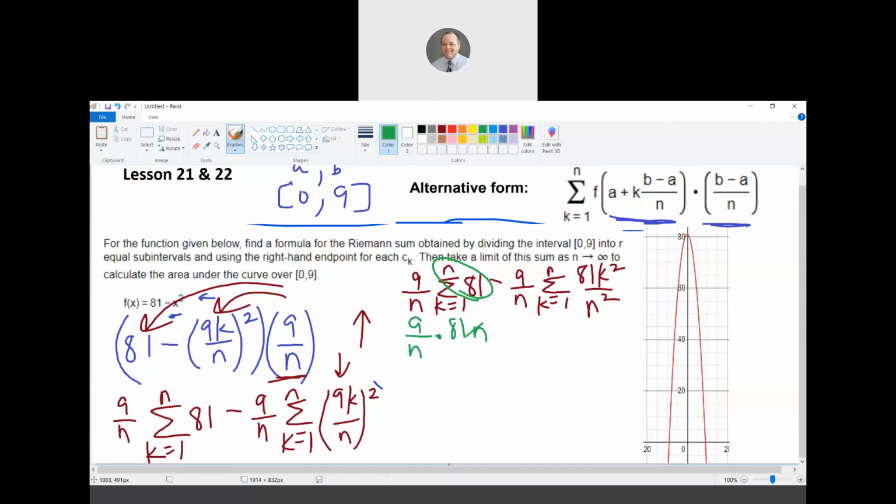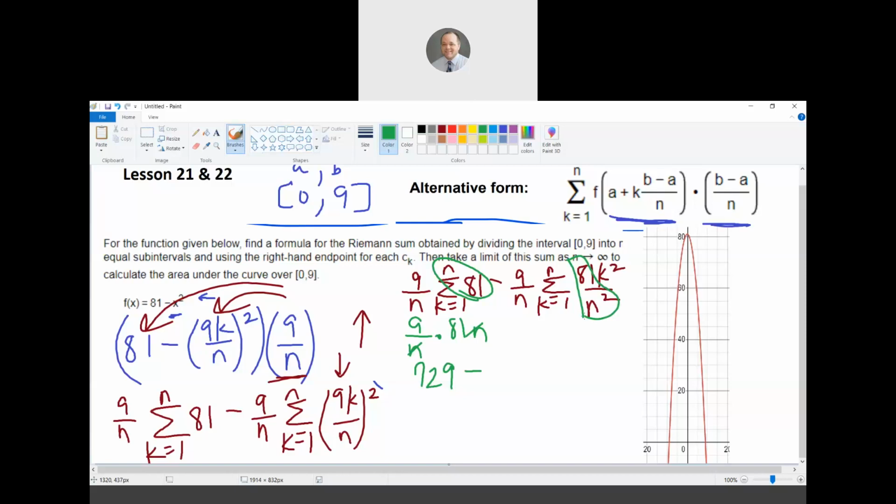Now the n's cancel, and when we multiply 81 times 9, we get 729. Now, usually the n part, you pull out and move it to the front of your summation sign. The k is usually the variable, or what we're trying to find.